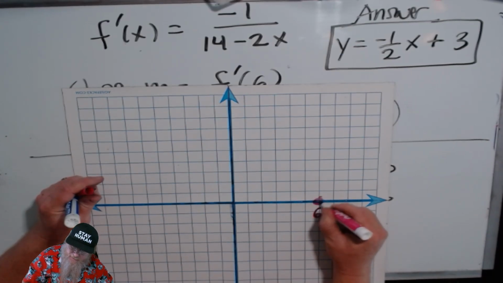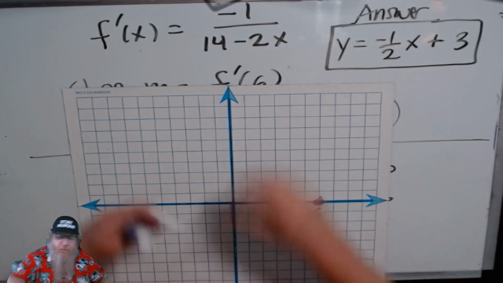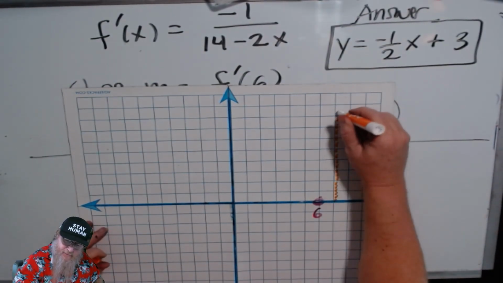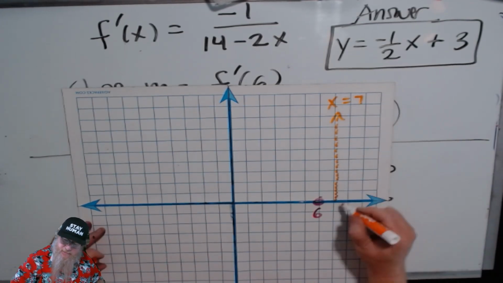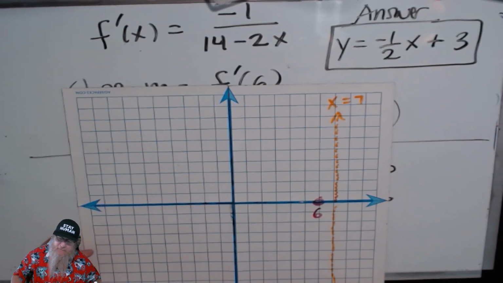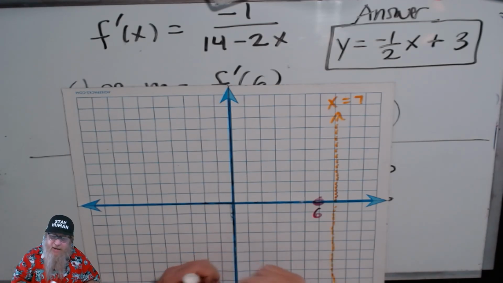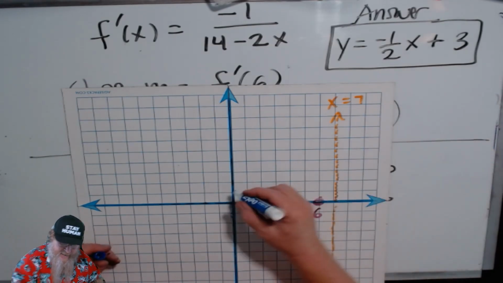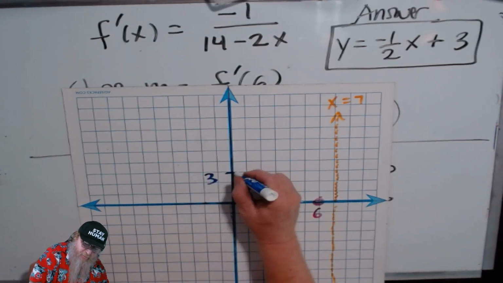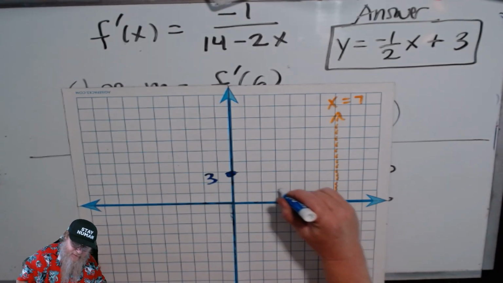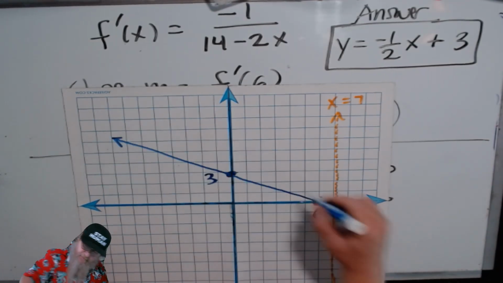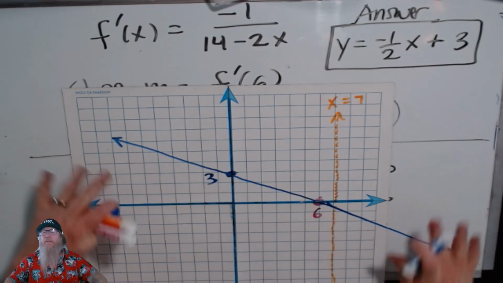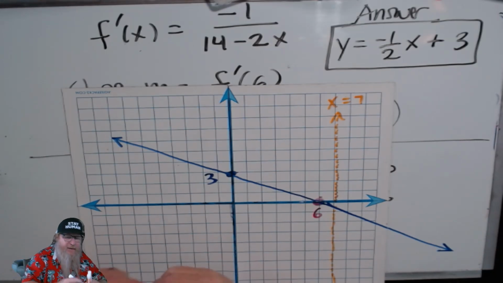There's a dot right there. This graph has an asymptote at 7. And then the tangent line looks like this, negative 1/2 x plus 3. So it crosses right here at 3.